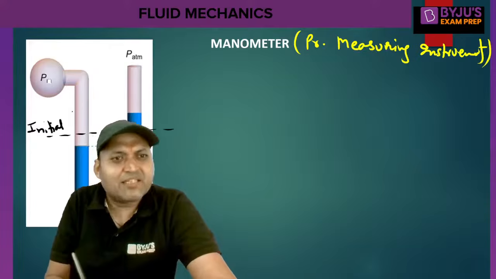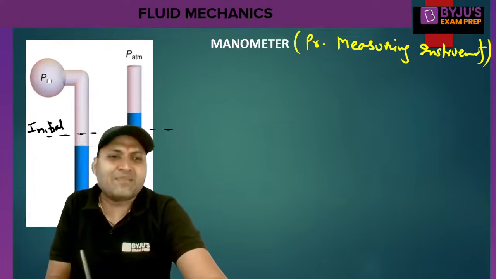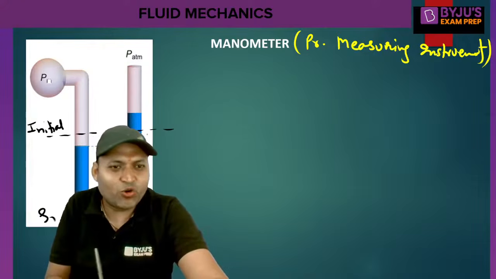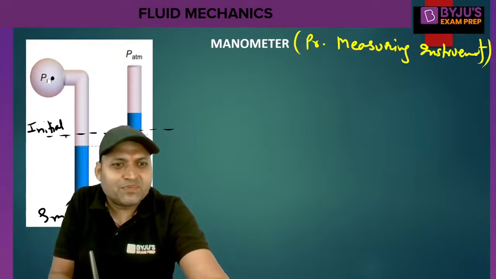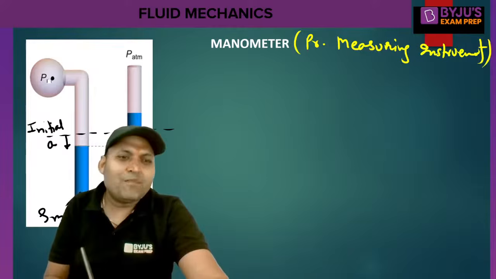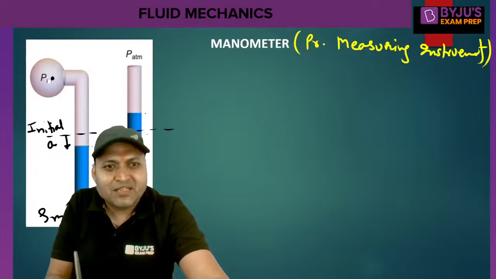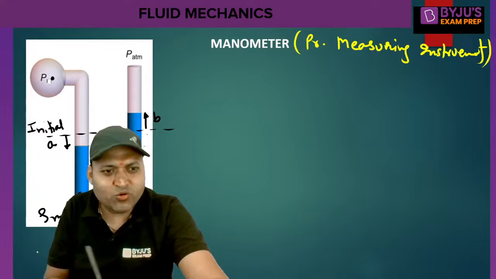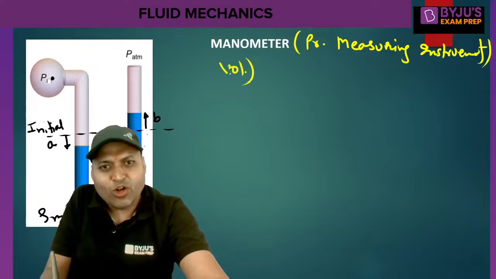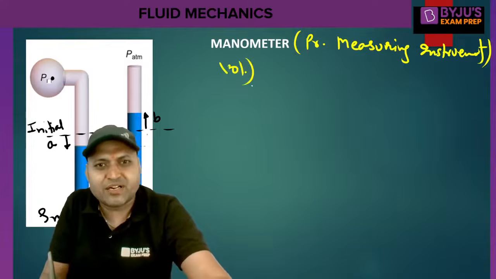As long as the pressure is the same, the level will be the same. This is the manometric fluid rho m. When we attach the left limb to the pipe, there is a decrease of manometric fluid in the left limb, and there is a rise of manometric fluid in the right limb. According to this, the volume of the manometric fluid remains constant.